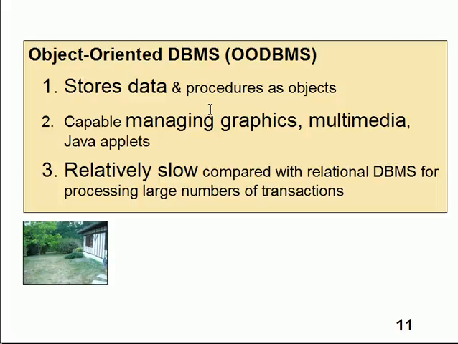Object-oriented database management systems, OODBMS, store data and procedures as objects. And because it stores these procedures as objects, it's capable of managing graphics, multimedia, Java applets. It's rather slow compared to the relational database management systems of Access when it comes to processing large numbers of transactions.